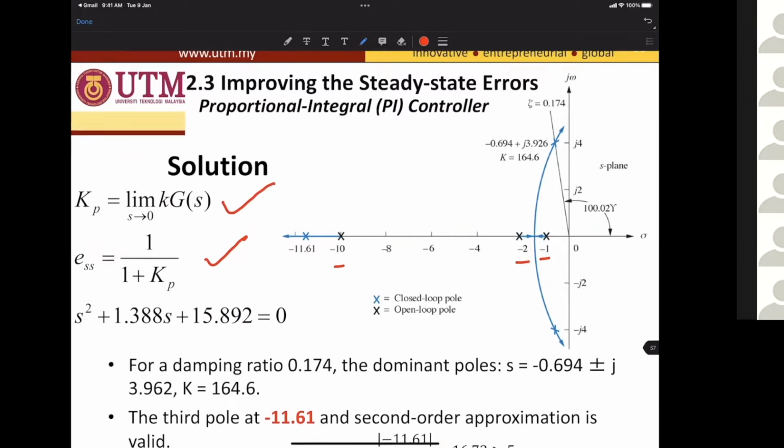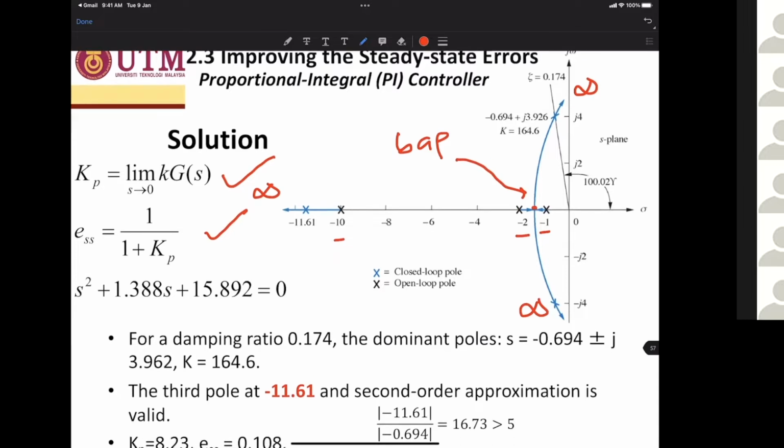Kita lihat root locus ni ada titik breakaway situ. Okay, breakaway point, sebab breakaway point occurred between two poles, which is -2 and -1. Then one goes to infinity, the other one goes to infinity, and this one goes to infinity as well.